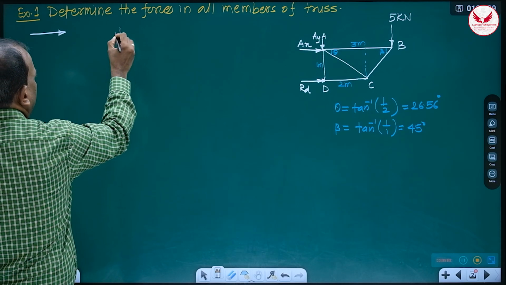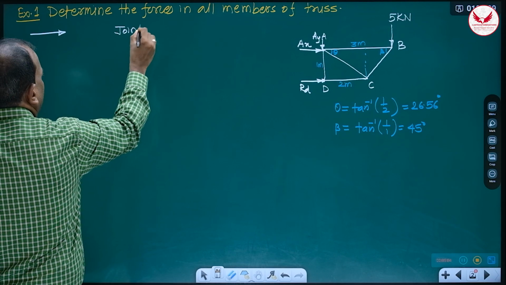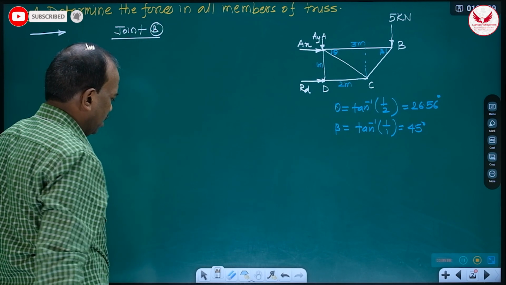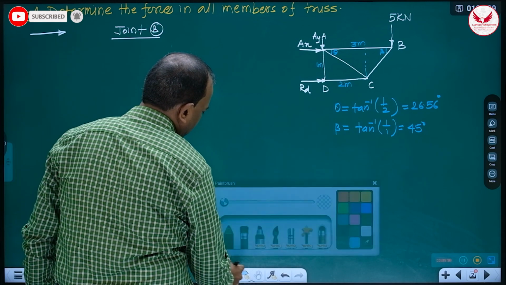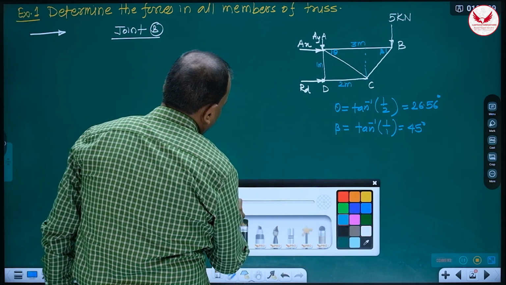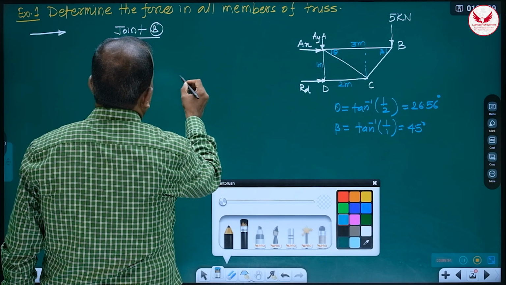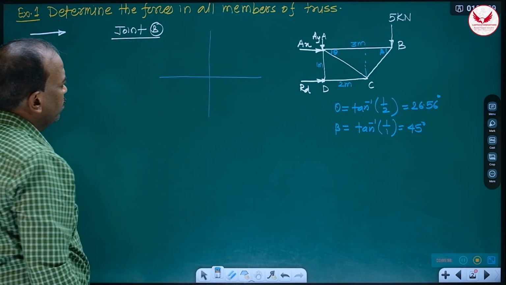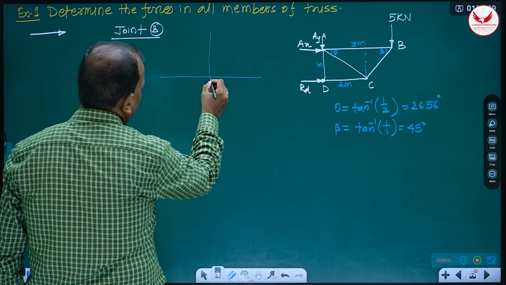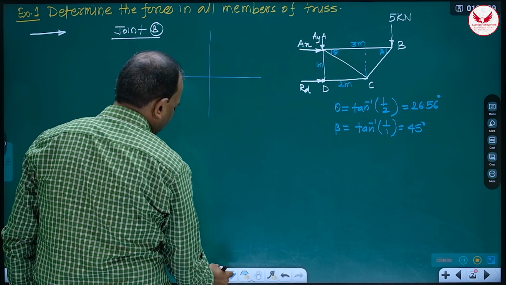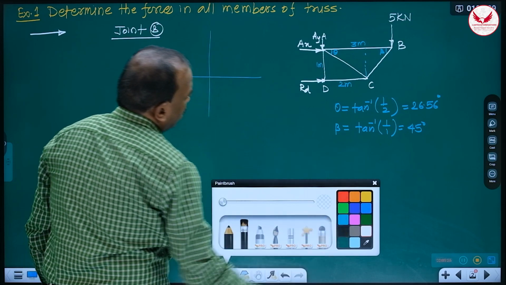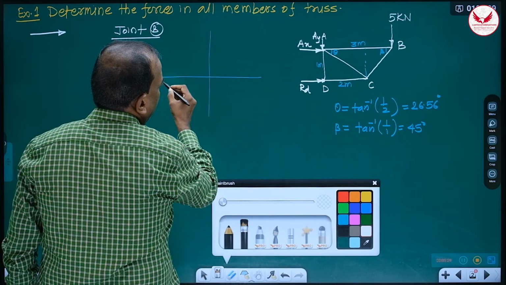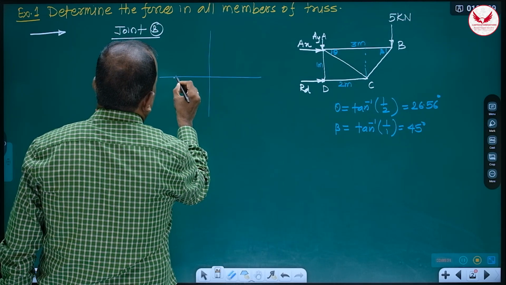Now see carefully how we can solve this. It is joint B and its free body diagram will be as follows. For drawing the free body diagram also, I'll always suggest you first draw such a cross plus sign, means here there will be a joint, and now you can mark the members. At B, this AB member is horizontal.